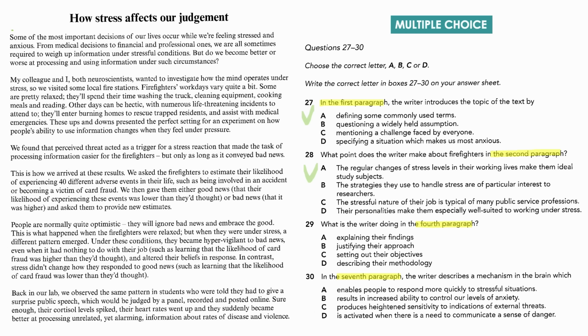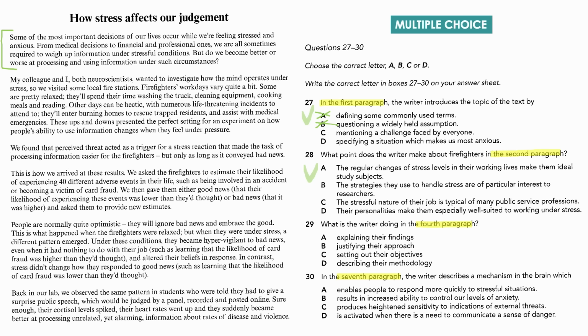Okay, so we've read the first paragraph. What was it about? Let's read each option. A. Defining some commonly used terms. We actually haven't seen any terms. This is incorrect. Cross it out. B. Questioning a widely held assumption. Oh, actually, the paragraph didn't go against any piece of knowledge we commonly see as true, so no. C. Mentioning a challenge faced by everyone.